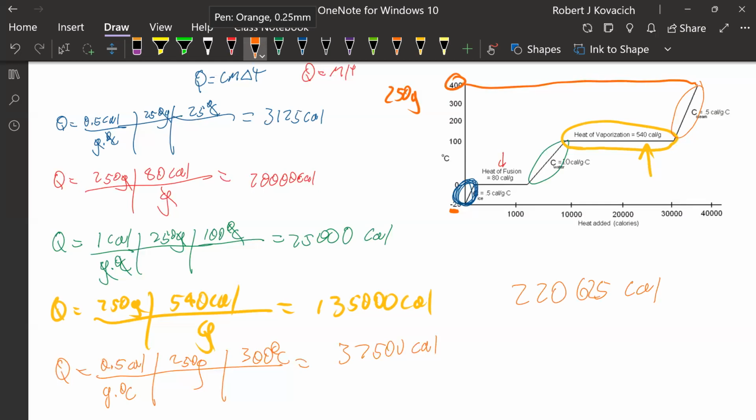So probably 2 significant figures here. So basically 220,000 calories to go from negative 25 degrees Celsius all the way up to 400 degrees Celsius if I'm talking about 250 grams of water.